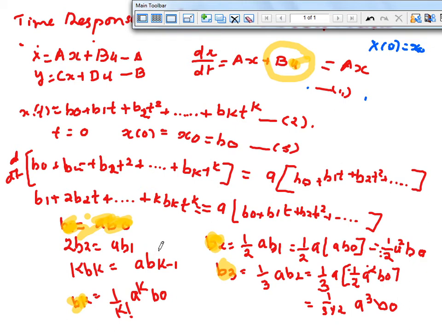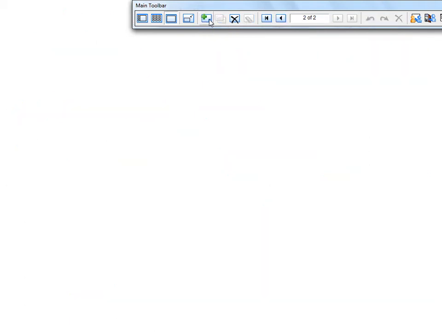Now what I have to do, I have the equation of x of t. In this equation I will put all the values. We have found out b1, b2 as well, and bk as well. So I am just putting all the values in this equation number 2. So my equation will be looking like this.